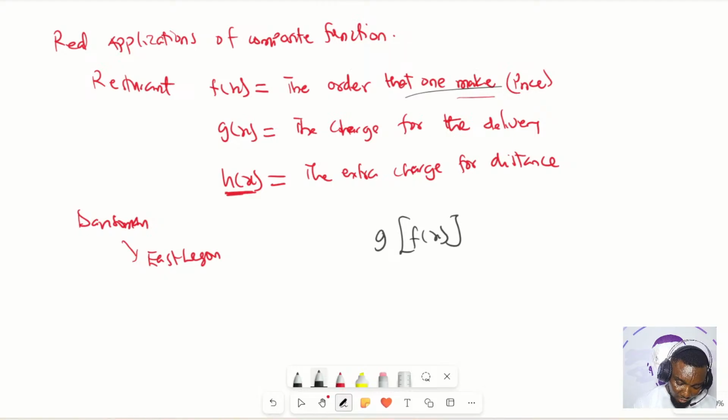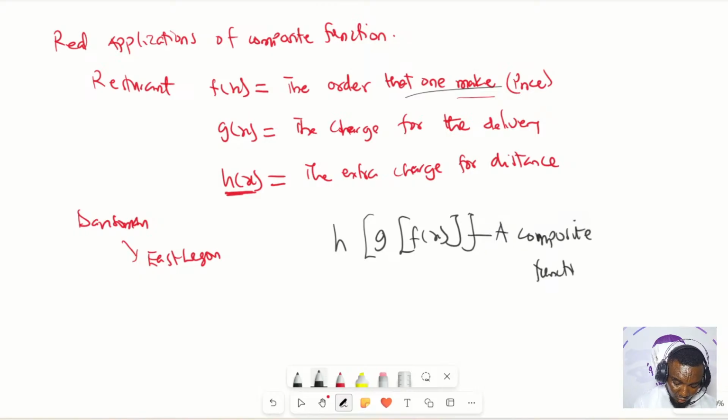So you have g of f of x, right? And depending on your distance, if you are somewhere around the East Legon area, Bleku ma, far away, it means that you'll be charged an extra for the distance covered. So this is what we call a composition of function or a composite function.